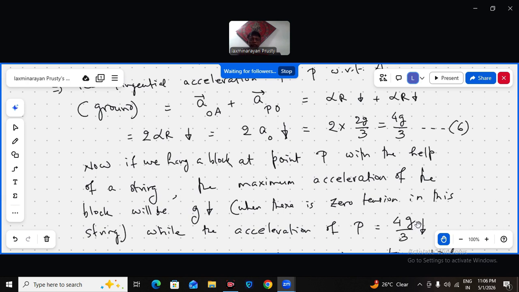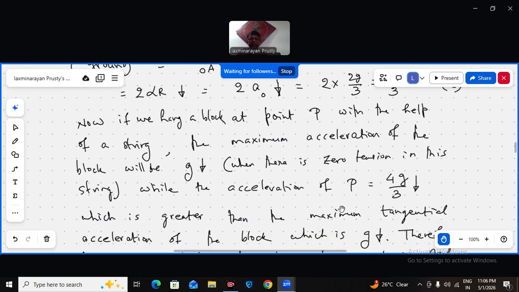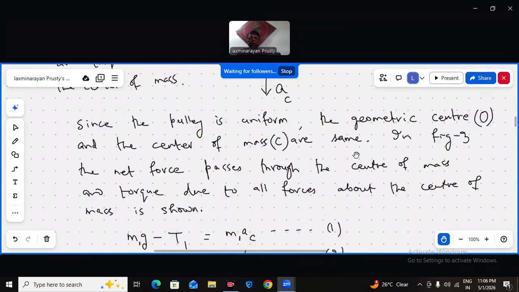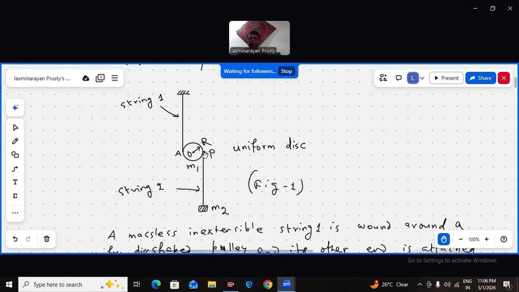Even without that new string it is 4g by 3. In other words, P will be coming down faster than the block. So obviously the string connecting point P to the block is moving faster than the block. So this string between P and the block M2 will become loose.